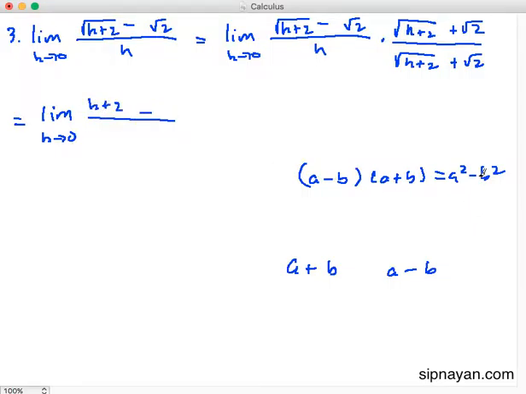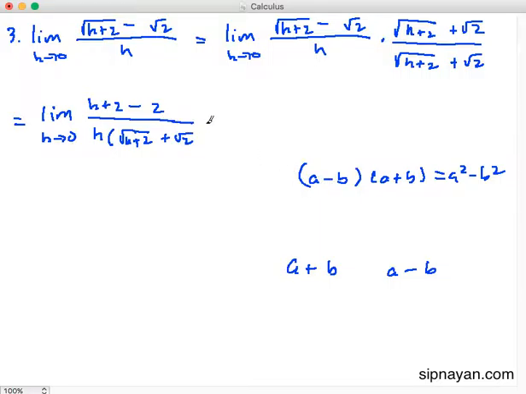Tapos minus, this is the minus. And then square ng b, no? Minus b squared, which is 2. Tapos sa baba, magiging h, this is our h, and this is, multiply it with square root of h plus 2 plus square root of 2.